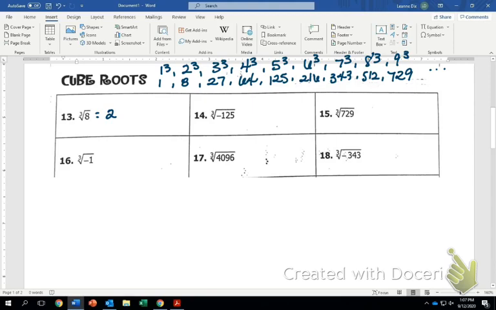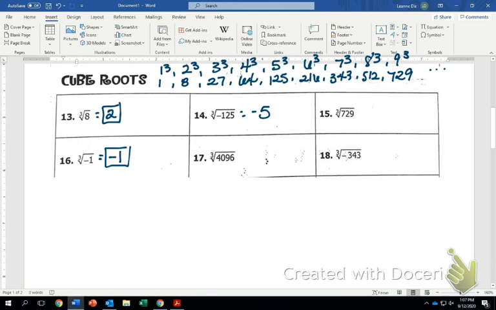But either way, if I were to take my calculator and find the cube root of -1, it would actually tell me that my answer is -1. So -1 times -1 is +1. +1 times a third -1 is -1 again. So it does work out. So that's my answer. 14 would be -5.